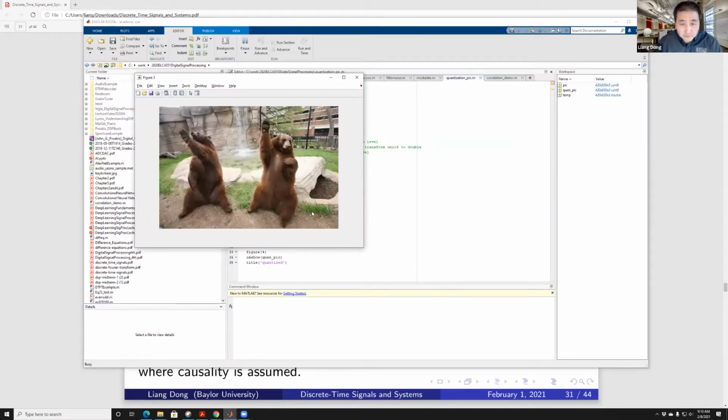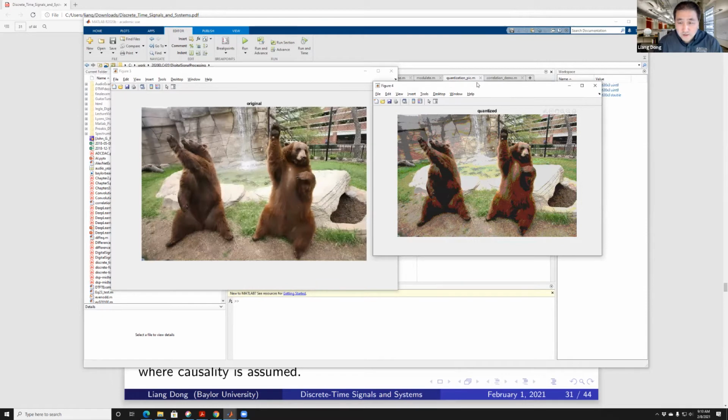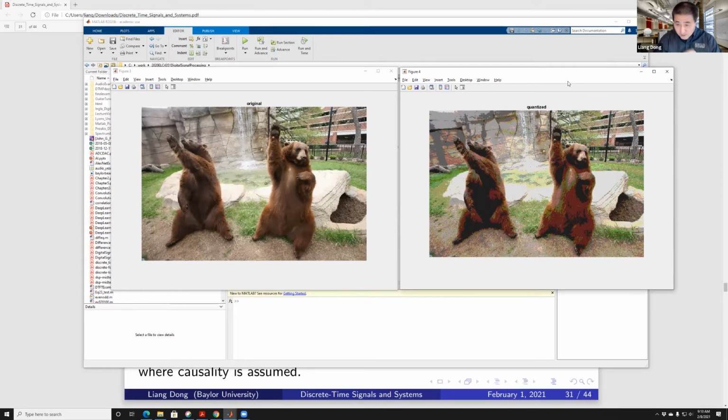Let's see what we have. Okay, here we go. On the left is the original picture. Those are the 2 bears. And then on the right is this quantized image. Now remember, in this case, I only have 4 levels for each of those RGB values.